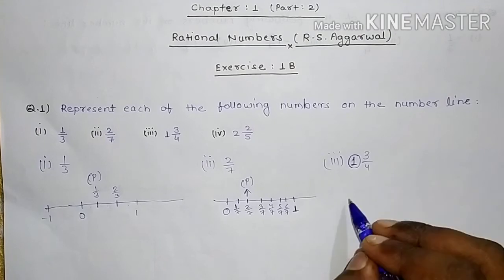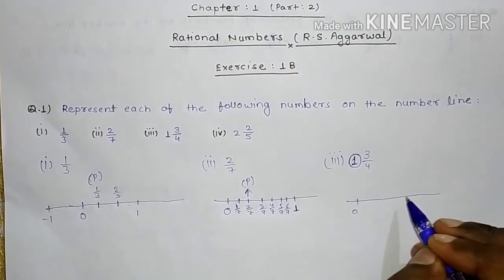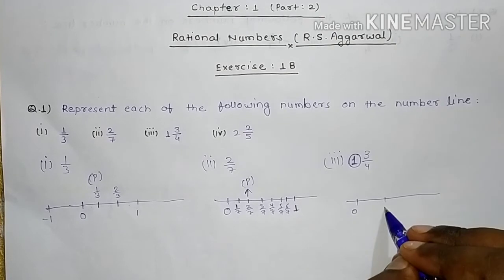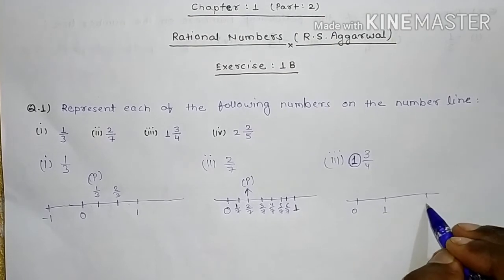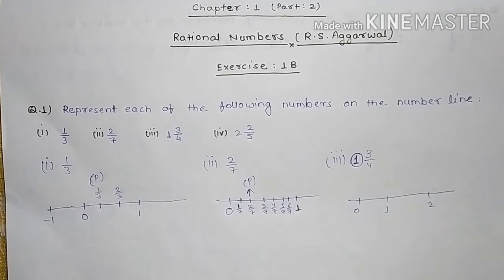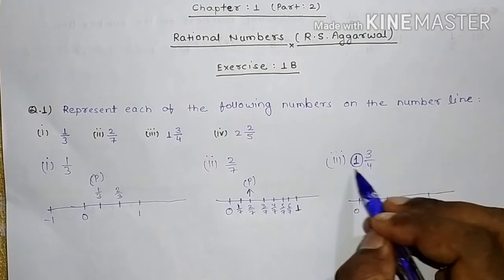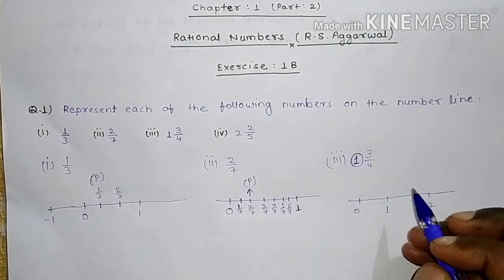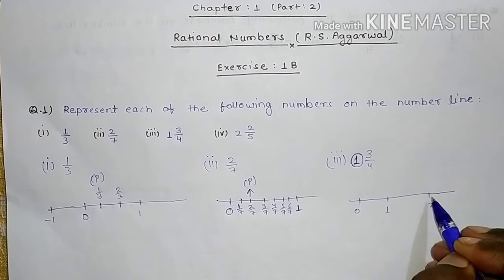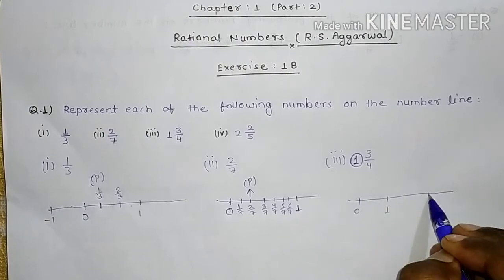Okay, so just draw a line. This is 0, this is 1, and this is 2. Now 1 shows this point lies between 1 to 2. So 1 and this is 2. 3 by 4 lies between 1 to 2.